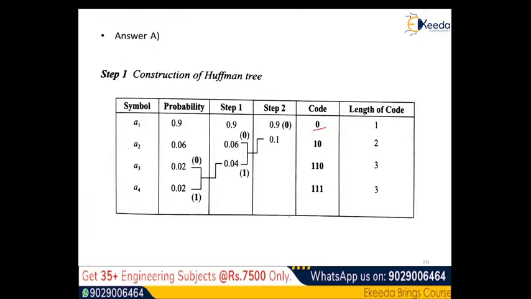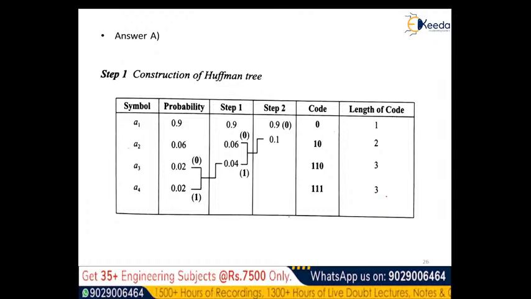We have only one digit, so the length of code is 1. We have two digits, so the length is 2. We have three digits, so the length is 3. Similarly in the last one, we have three digits and the length of code is 3.